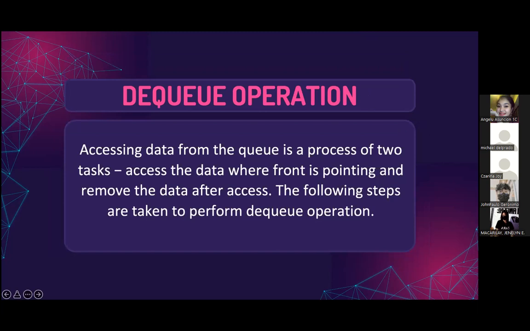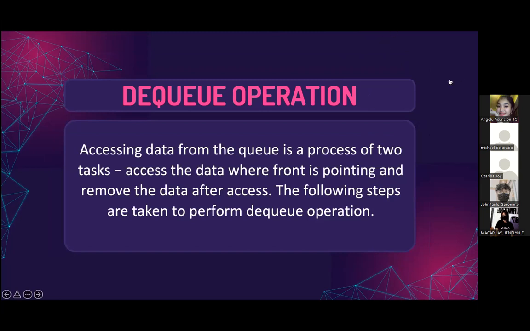The queue operation. Accessing data from the queue is a process of two tasks: access the data where front is pointing, and remove the data after access. So the following steps are taken to perform the queue operation.